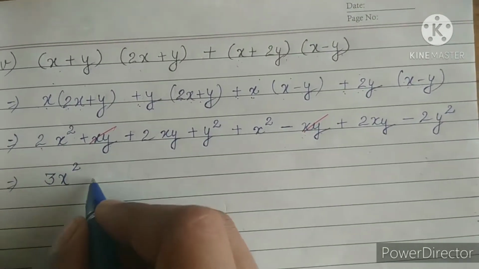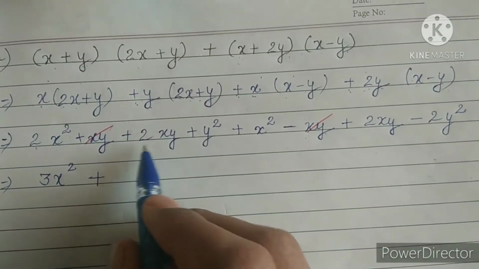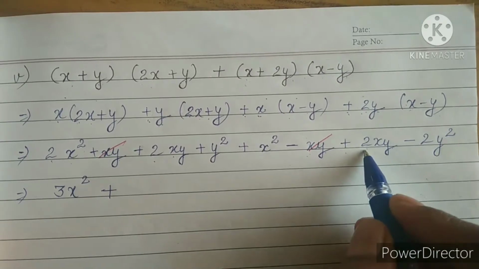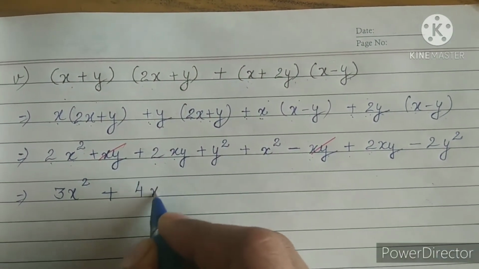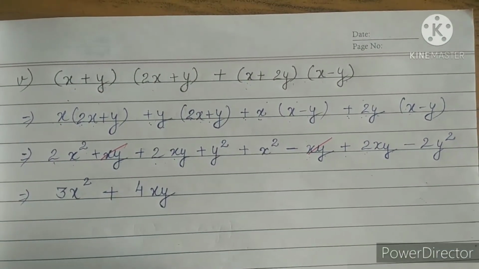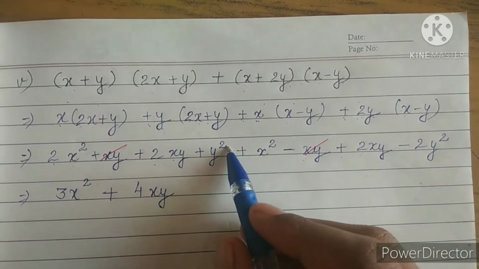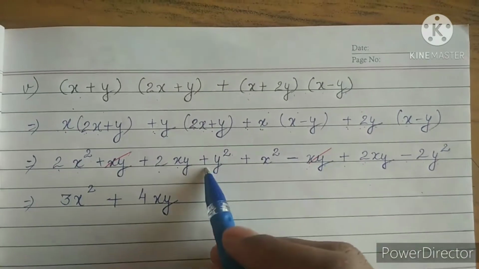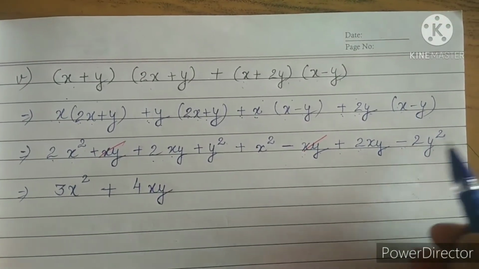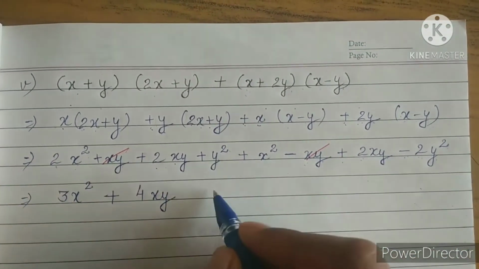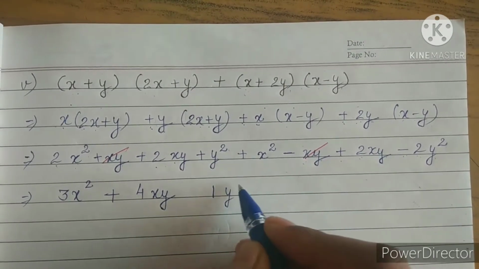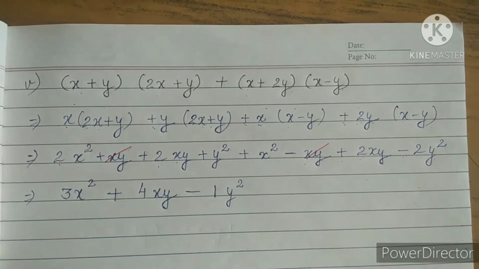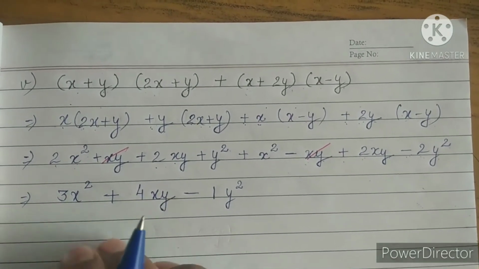Now plus 2 times xy plus 2 times xy, so 2 plus 2 is 4xy. Now positive y square minus 2y square, so plus minus is minus, 2 minus 1 is 1, and the variable will be the same, having the greater number's symbol. So this is the solution of the fifth one.